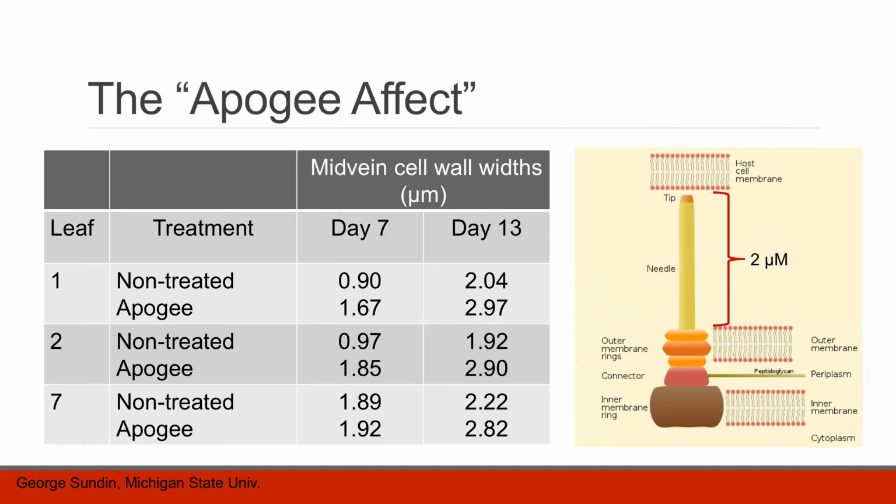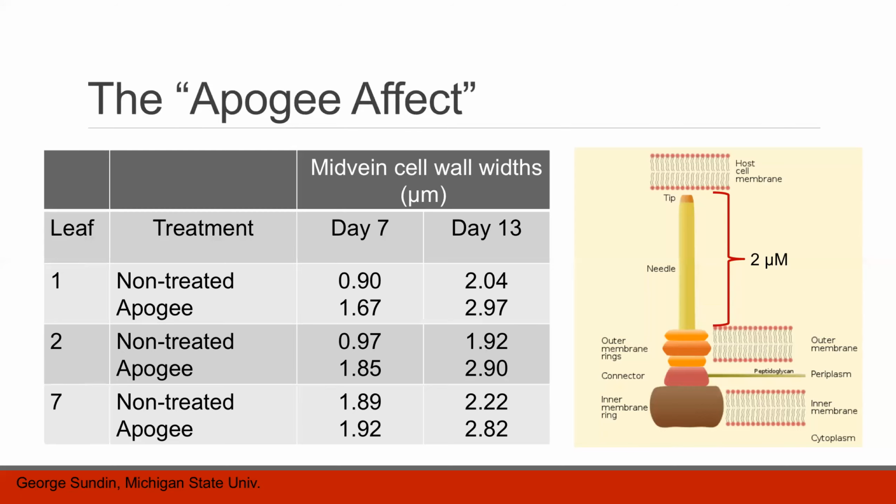So this indicates that the response is short-lived and that additional applications of the product might be needed. And in fact, the recommendation for using Apogee is that you put on one application and then 14 days later, you put on a second application.